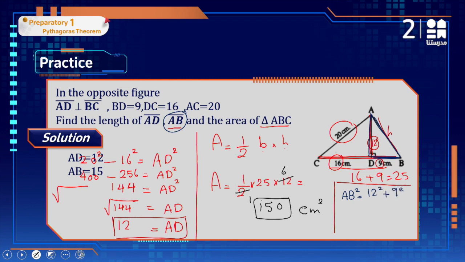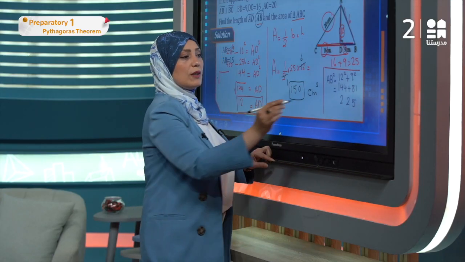12 squared is 144, and 9 squared equals 9 times 9, which is 81. Now, to add them, 4 plus 1 is 5, 8 plus 2 is 10, carry 1 up, which is 225.